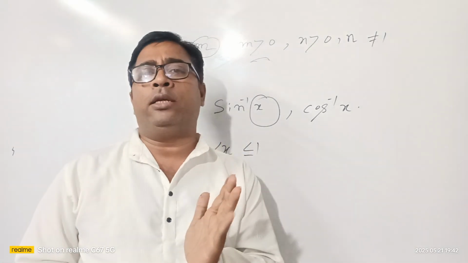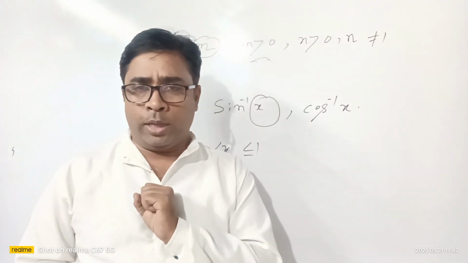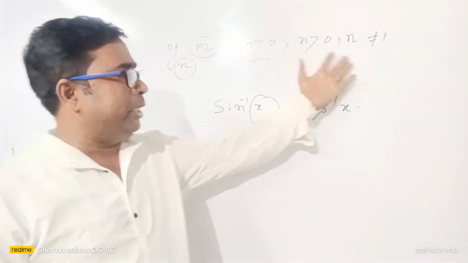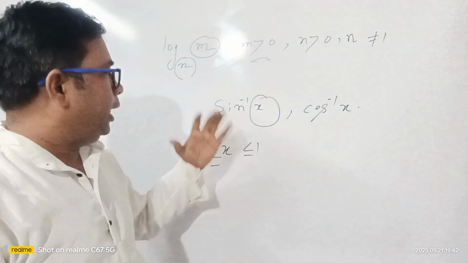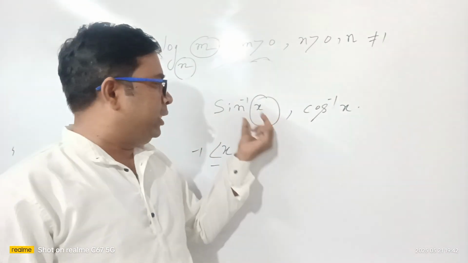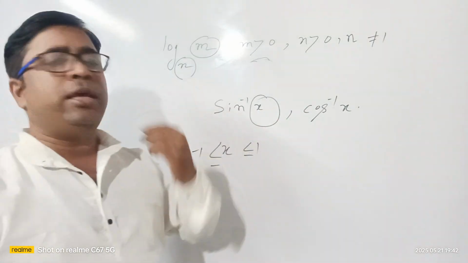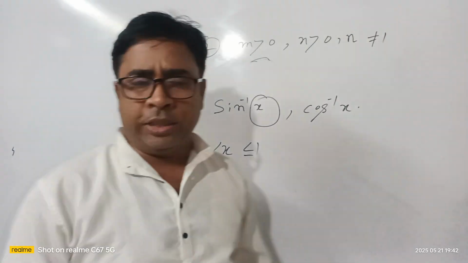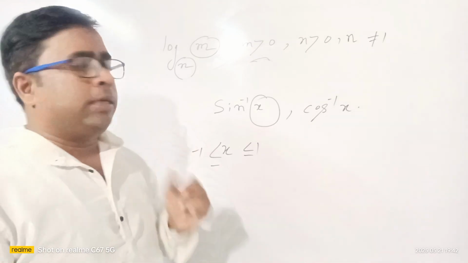For a root function, the value inside the root should be greater than or equal to 0. For logarithmic functions, all three conditions should be valid. And for inverse trigonometric functions, for example sine inverse and cos inverse, x must lie from -1 to +1. Okay, so let us solve some questions depending upon these functions.